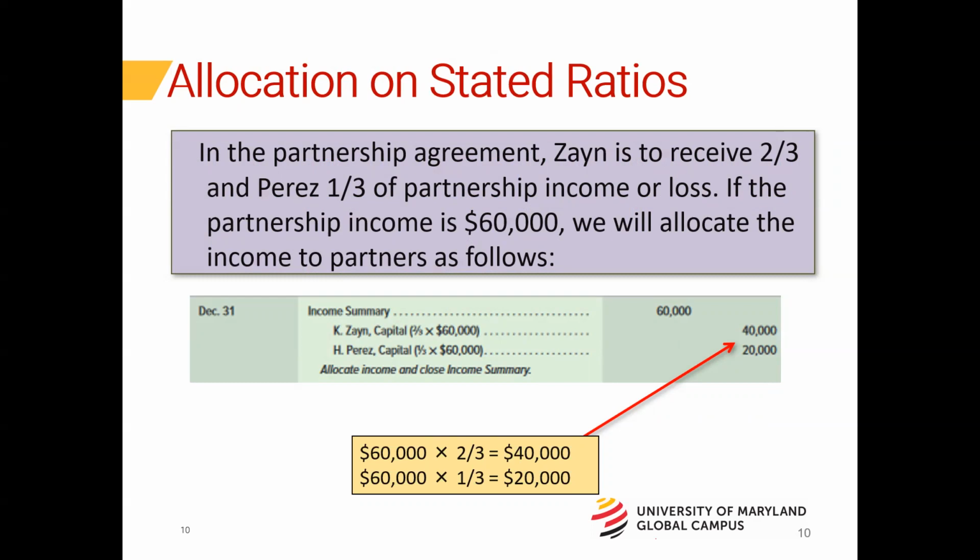For Perez, since he owns 1/3, 60,000 times 0.33, or 33%, is 20,000. And that is how we would allocate the income to the partners. And that's part of the closing process.